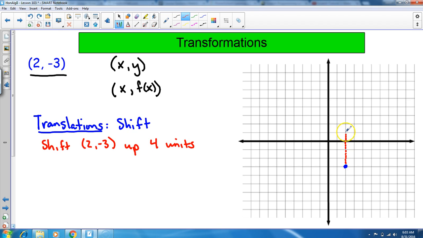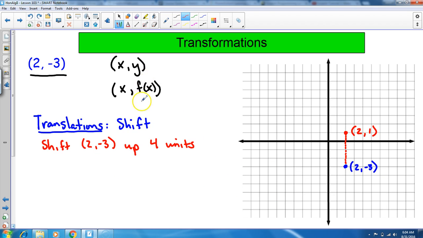The new point now has coordinates of (2, 1). And our old point had coordinates, just so you get the visual here, of (2, -3). So what did I have to do to shift this up 4 units? Well, I actually had to add 4 to the y coordinate.